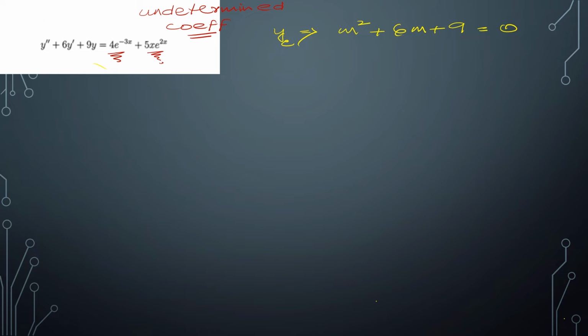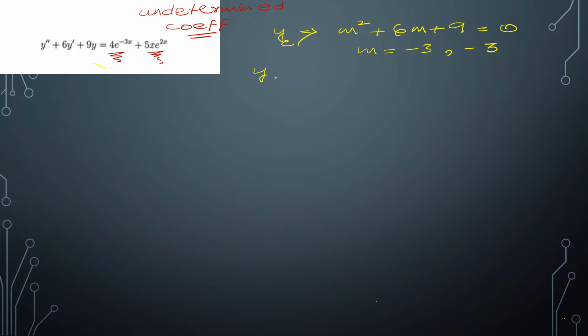Now factorize it, and on factorization you will get the solution of m as -3 with the multiplicity of 2. You can use the scientific calculator mode 53, write down the a value as 1, b value as 6 and c value as 9 to get the value of m. So you have the two roots, m1 and m2, and both are -3. So I'm writing -3 two times.